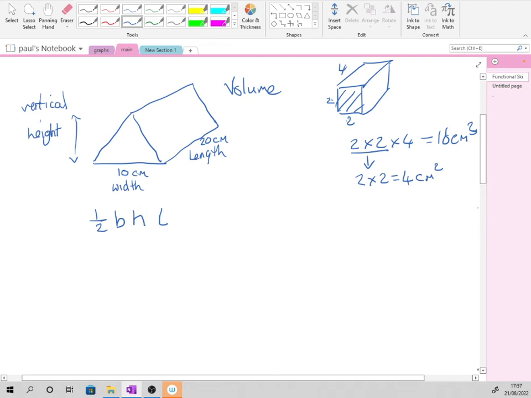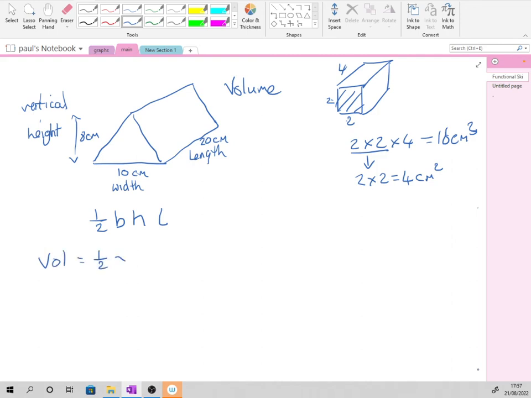So what do we say the height? Call that 8 centimeters. So the volume is going to equal a half times the base, which is the width, times the height, which is 8, times the length, which is 20. And I won't pretend I can do that in my head, not that quickly.